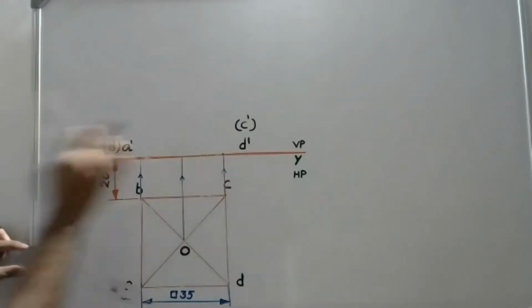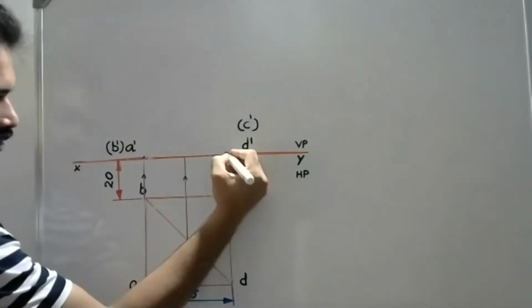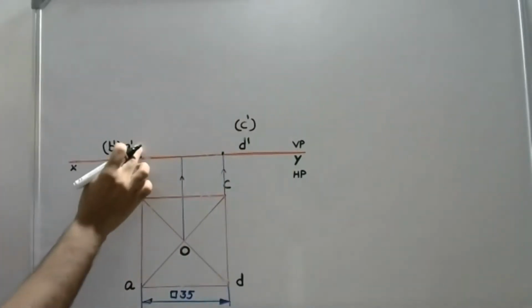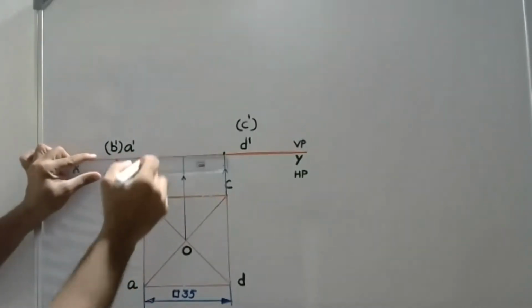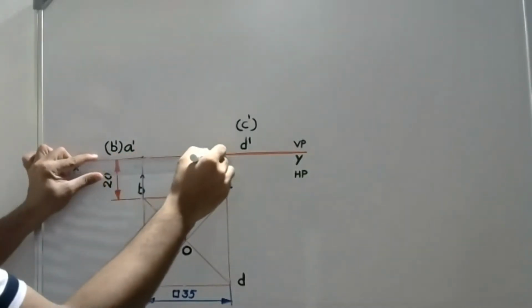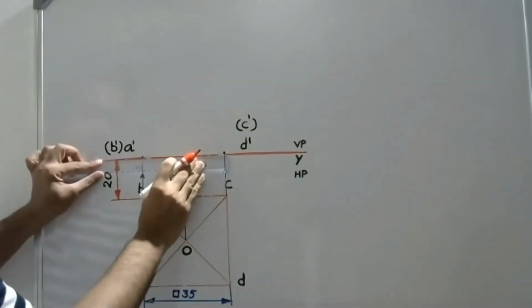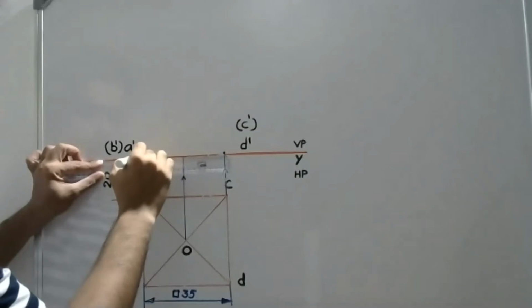The A dash D dash base is created here. Then join A dash D dash with a dark line, using an H pencil, on the XY line.